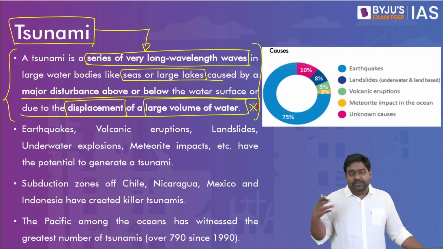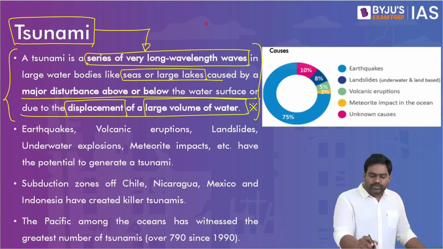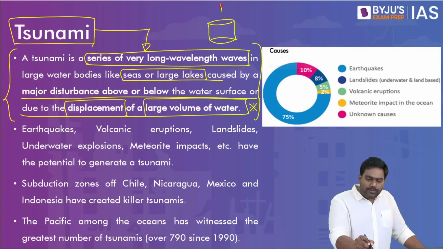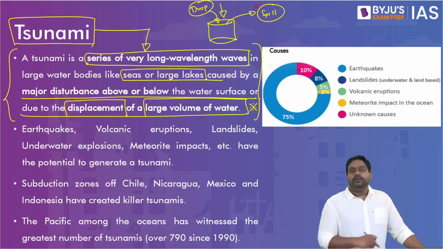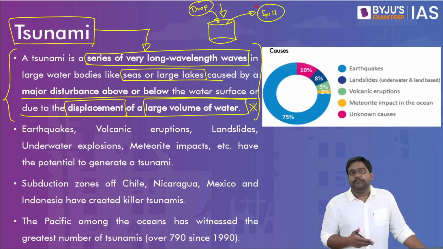Tsunami can happen even in a large lake, in any water body. As I told you the other day, you take a big bucket. Imagine the bucket is filled with water. You drop something into it. Let's say you drop a huge stone inside the bucket. Obviously, the water will spill out, right? It's pretty much the same phenomenon which happens in case of a tsunami.